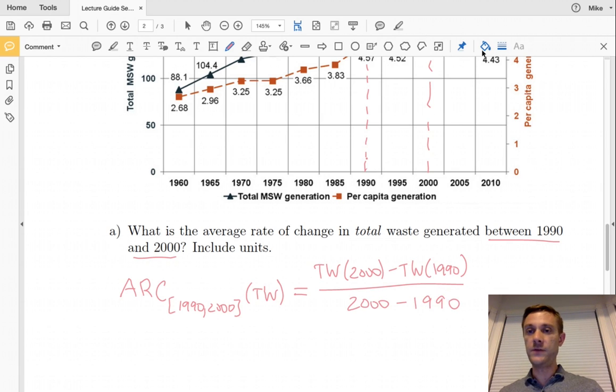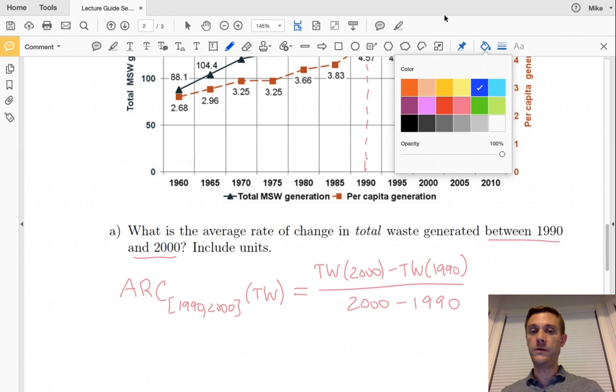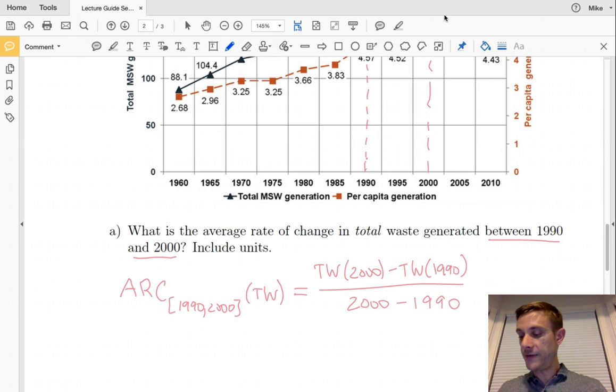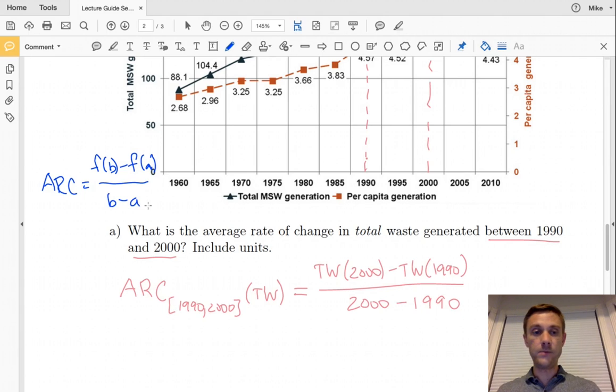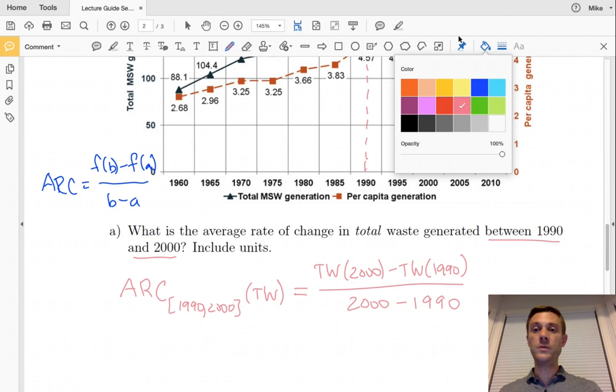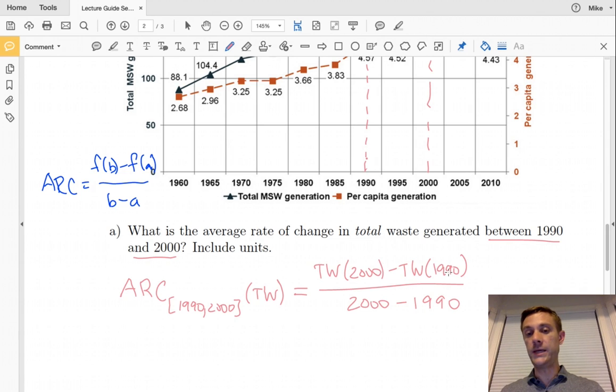Maybe just off to the side, we can remind ourselves from the previous subsection that the average rate of change in general of some function looks like f of b minus f of a, and then b minus a on the bottom. So our a in this case is 1990, our b is 2000. Previously we would have some formula, we would plug in 2000, plug in 1990.